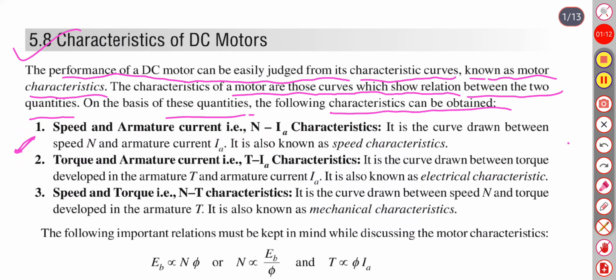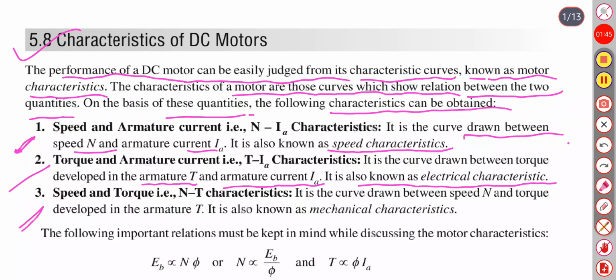Speed and armature current characteristics: the curve drawn between speed and armature current is known as the speed characteristic of the motor. Torque and armature current: when the curve is drawn for developed torque versus the armature current, it is known as the electrical characteristic.